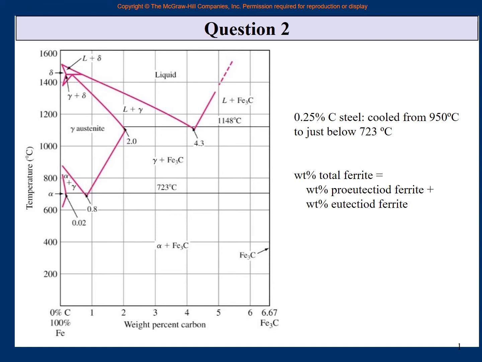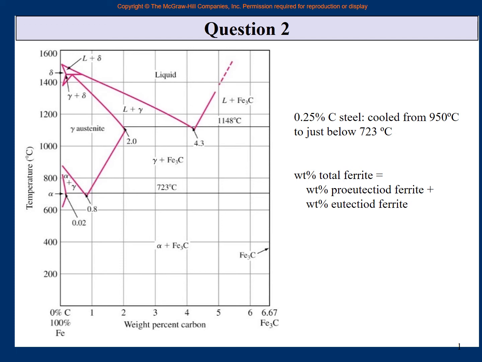If you know the process, then whatever I was just explaining is very clear. For every problem on a phase diagram, draw a vertical line on the composition, draw a horizontal line on the temperature. That's it.